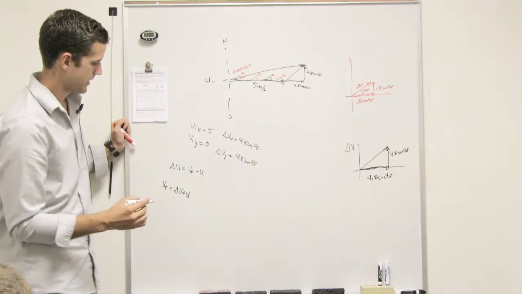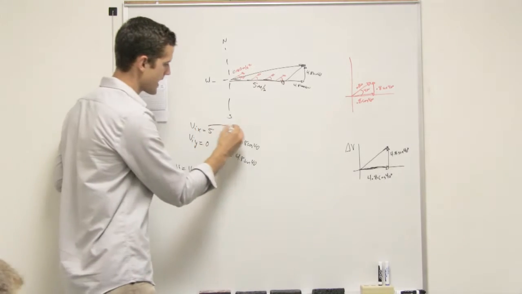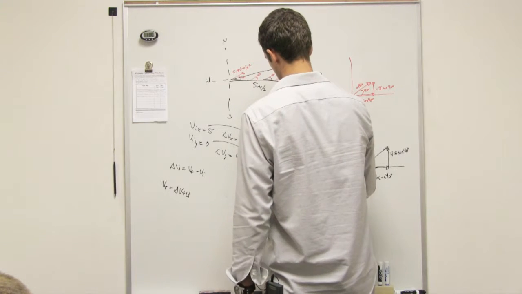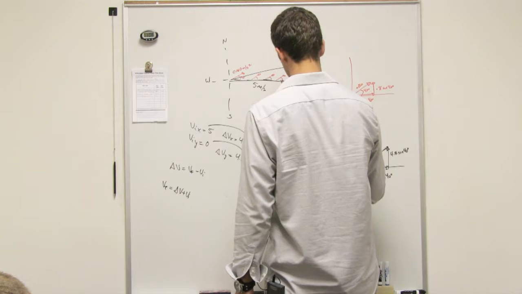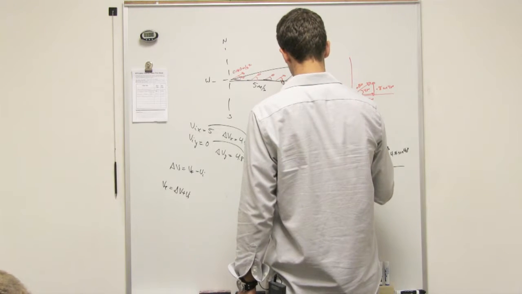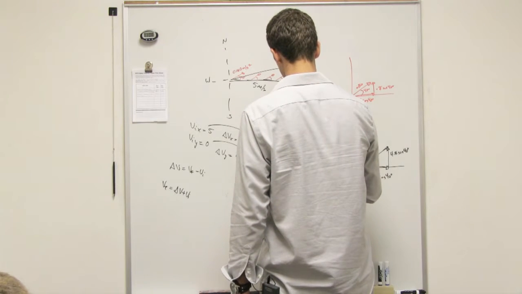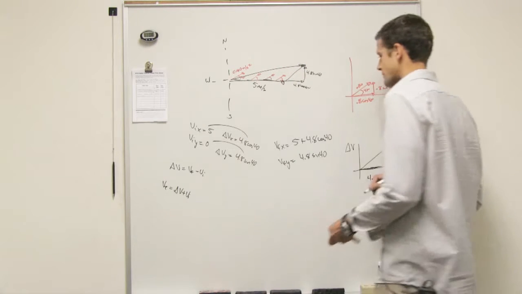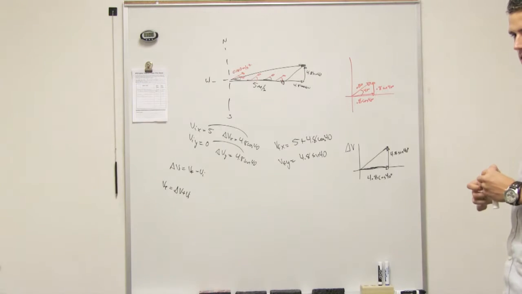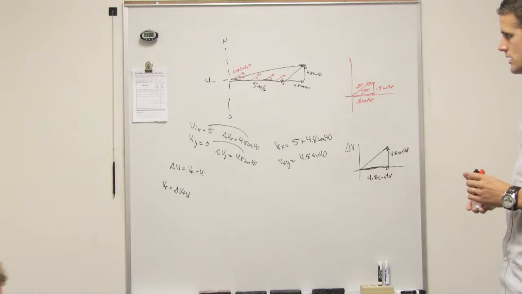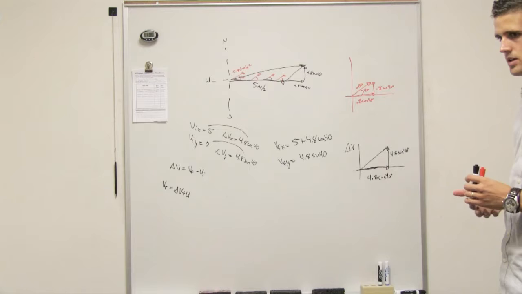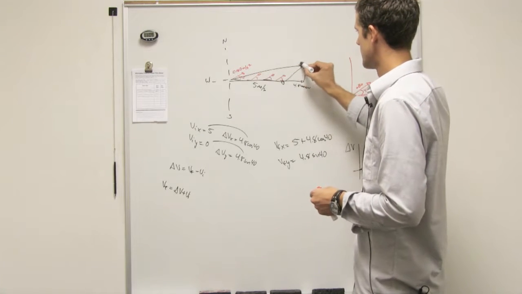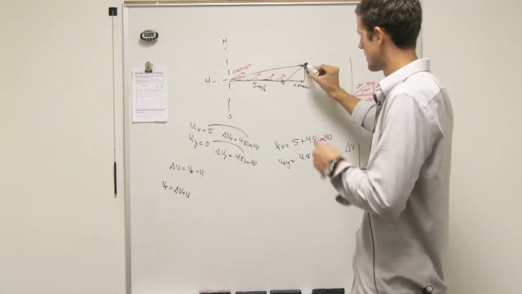Okay. So our final velocity, just add these two. Our final velocity x is 5 plus 4.8 cosine of 40. Final velocity in y is going to be 4.8 sine of 40. That gives you this vector right here, which is your total velocity.